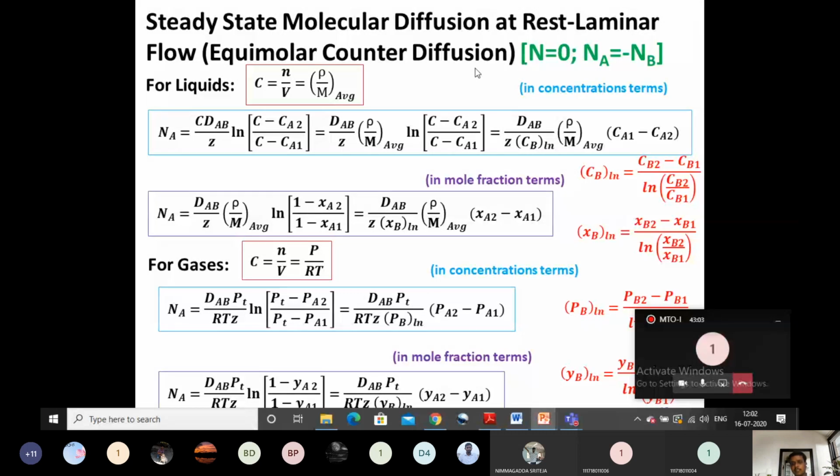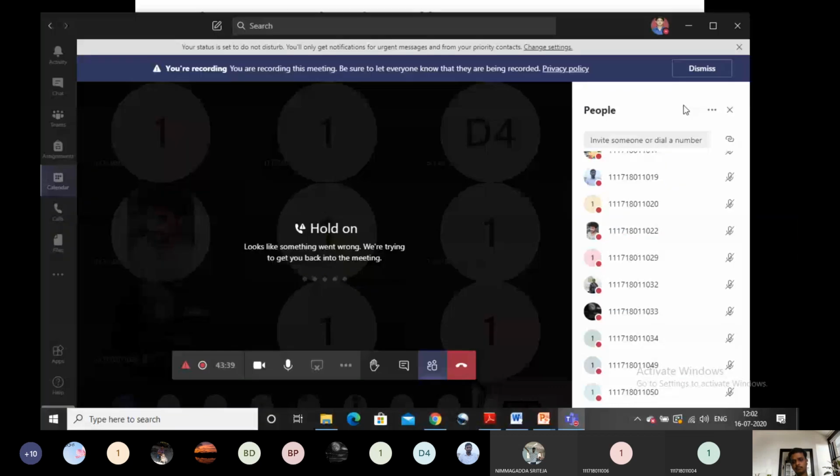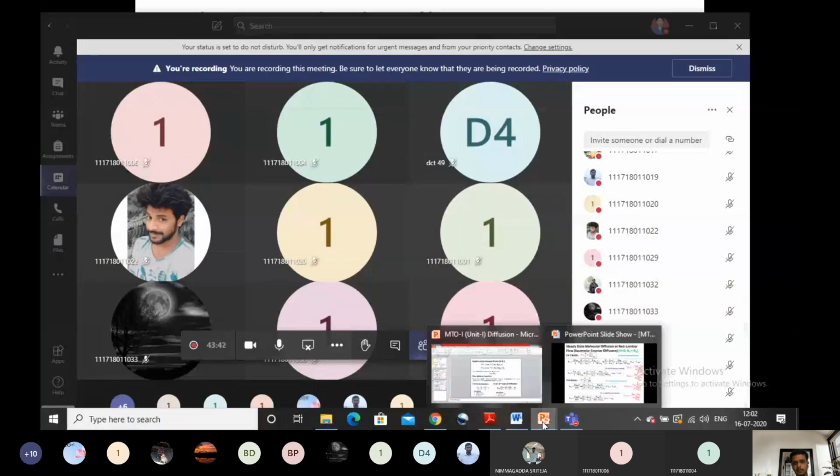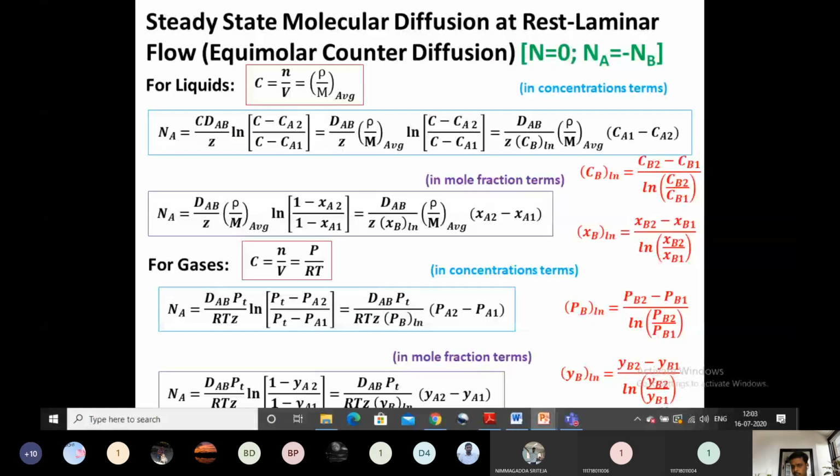For example, in the manufacture of H2SO4, SO2 and SO3 are there, sulfur dioxide and sulfur trioxide.